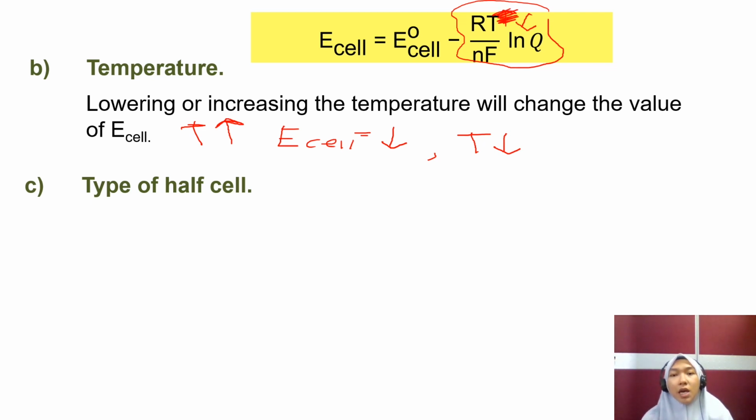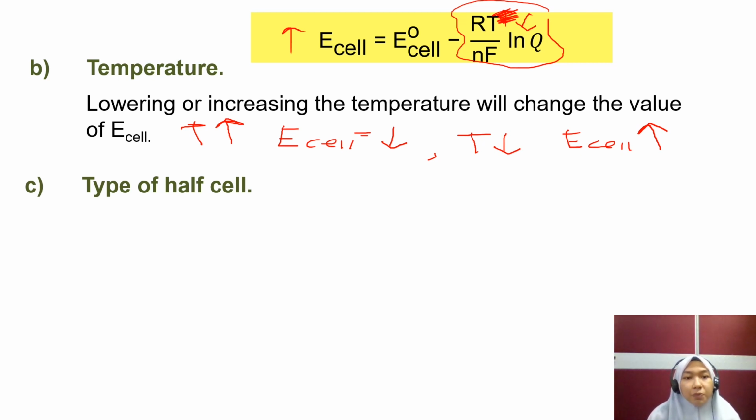The value that we need to deduct will reduce, so the E cell will increase. All right, so that is the temperature factor.